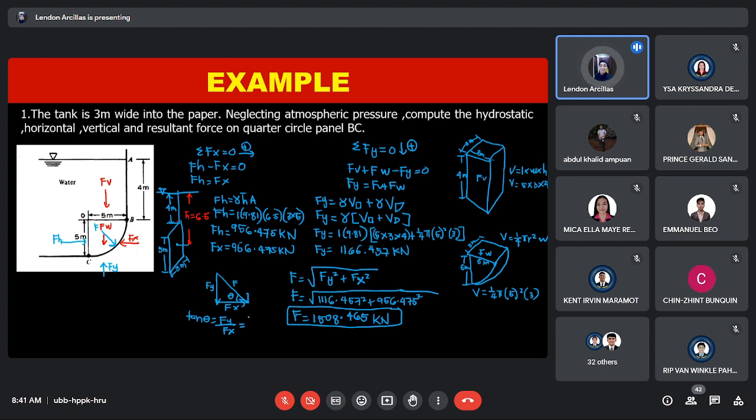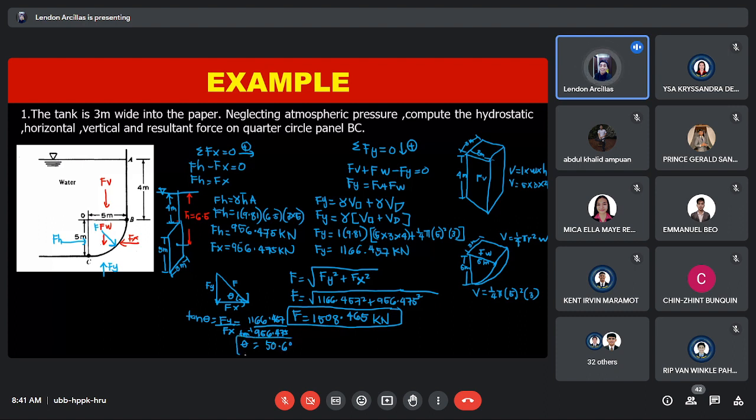So this is f of y, which is 1166.457, and yung f of x is 956.475. So tangent theta equal to 50.6 degrees.